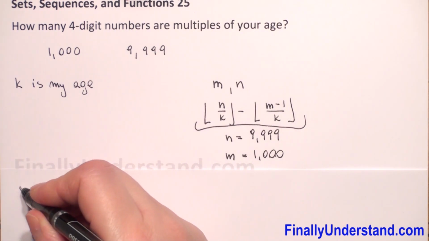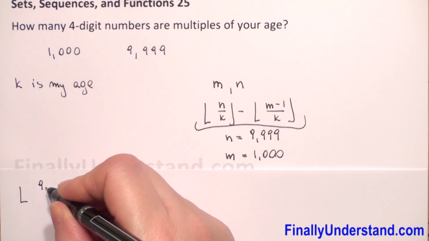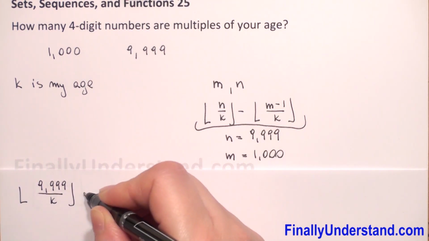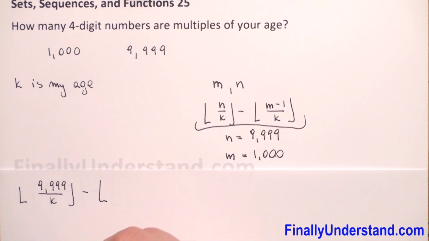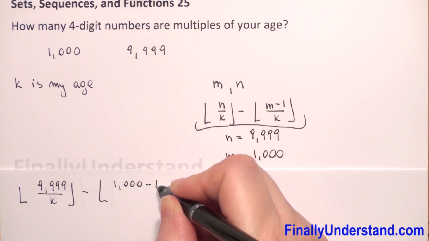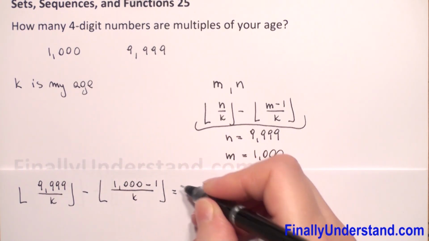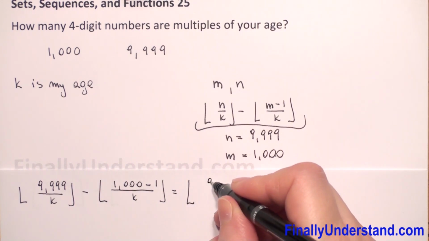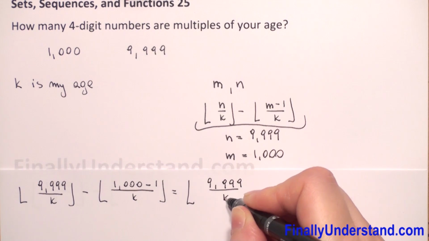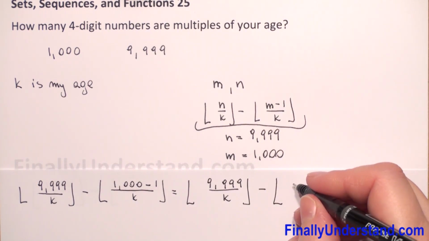So we have floor of n, which is 9999 over k, minus floor of m minus 1, which is 1000 minus 1 over k. So this is equal to floor of 9999 over k minus floor of 999 over k.